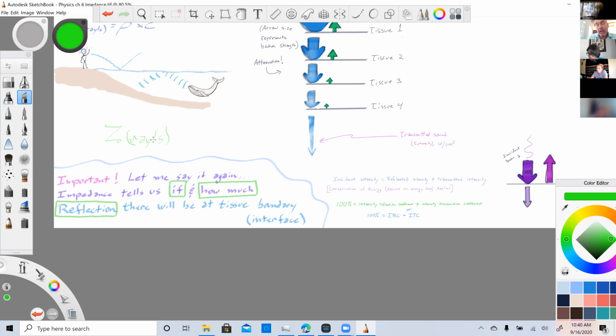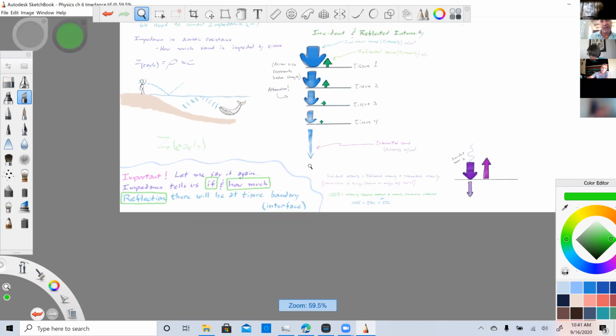And the equation that we started with, the IRC, the intensity reflection coefficient, that whole equation really only works at a 90-degree angle.